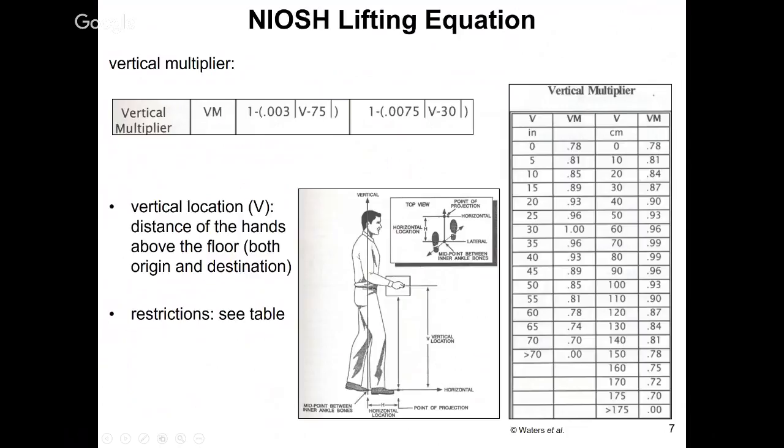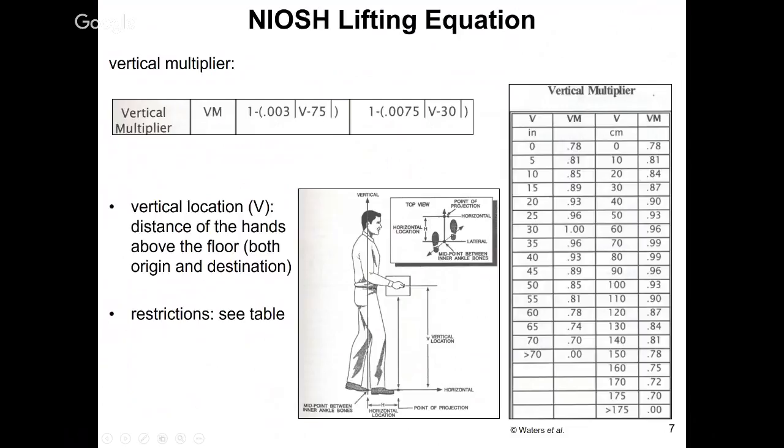It's staying relative to the center of the ankles. It's not really moving out or in. It's the same. But if you're lifting, the vertical location should change. So if your hands are on the floor, I guess you could say that you start at 0 and you're going to lift up to 30 inches. That would be a difference of 30 inches there.